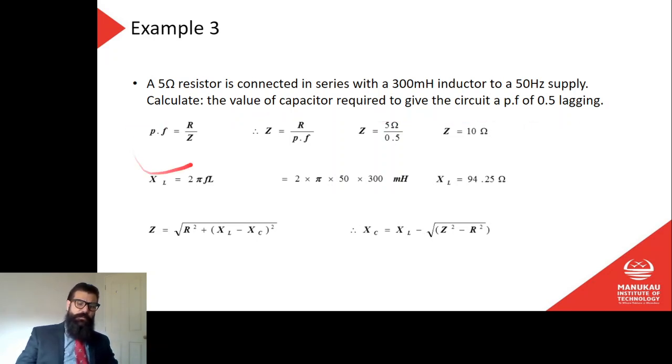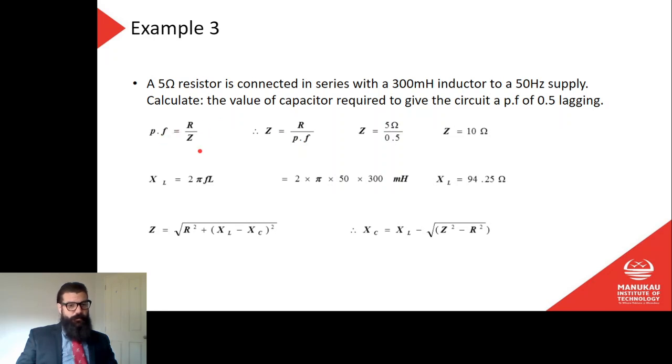In this equation, what we've done though is we've gone with the new power factor. So if I want the power factor to be 0.5, and I substitute that value into this formula here, so power factor equals resistance over impedance, because that's the same as true power over apparent power. Power factor equals R over Z, so therefore Z equals R over power factor.